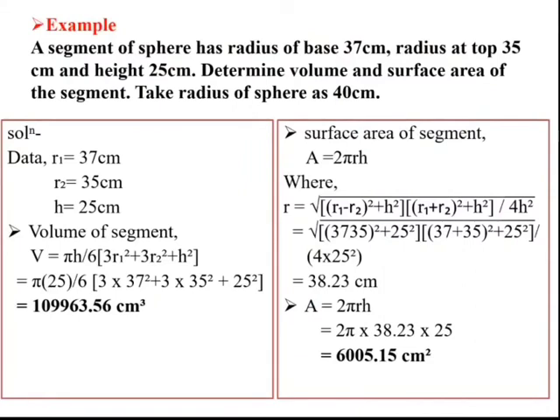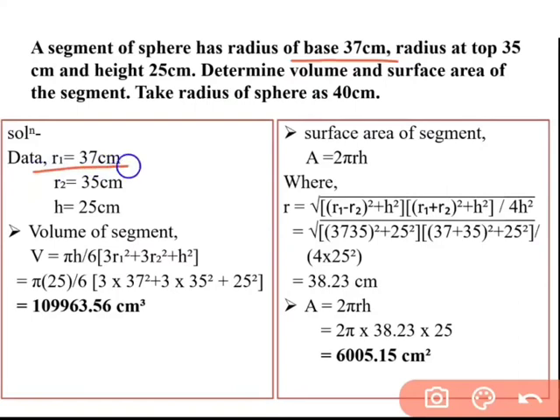Now next, calculate the example of a sphere. A segment of a sphere has a base radius of 37 centimeter, so R1 is equal to 37 centimeter, and radius at top 35 centimeter, that is R2 is 35 centimeter, and height, that is small h, 25 centimeter.